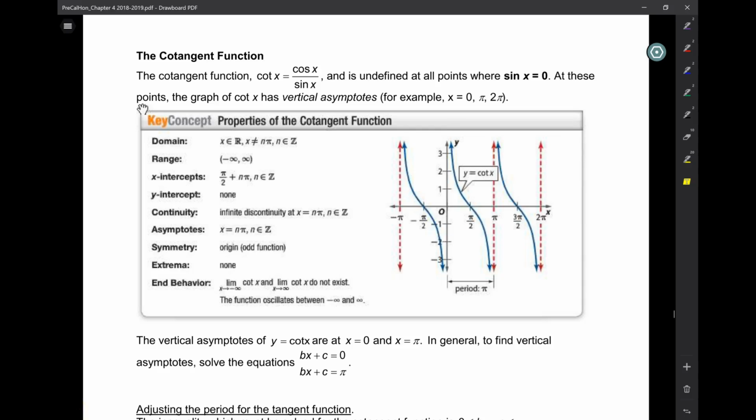All right, so for the cotangent function, we're going to use the same process as we did for tangent. Remember that cotangent is defined as cosine over sine, meaning whenever sine of x is 0, the cotangent is going to be undefined. So let's think about when sine of x is 0. On the unit circle, sine or cosine are 0 only at the quadrantal angles, right?